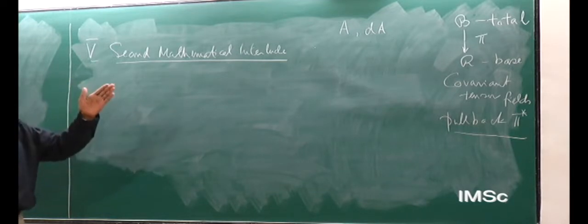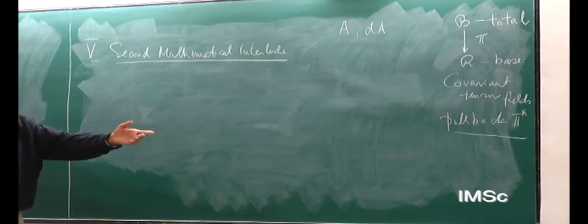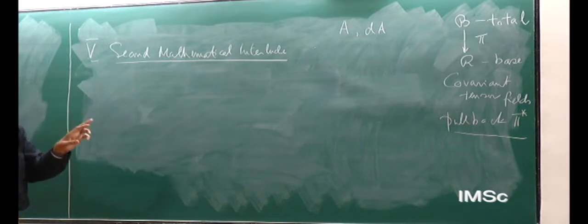So to repeat, at each point of B, A acts as a linear map of tangent vectors at that point into real numbers. dA acts as an anti-symmetric bilinear map of pairs of tangent vectors into real numbers. This is all at B.